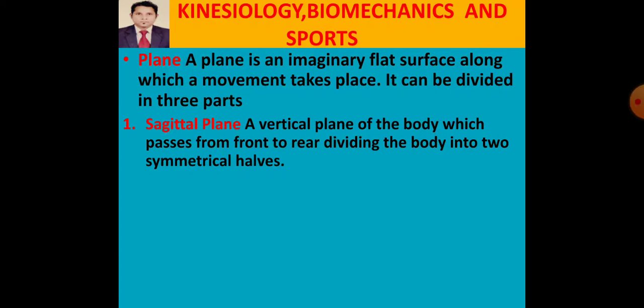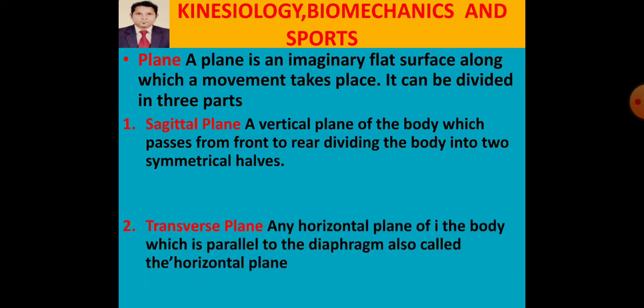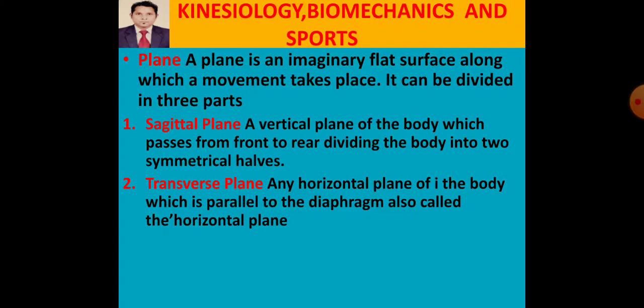It can be divided into three parts. Sagittal plane: a vertical plane of the body which passes from front to rear, dividing the body into two symmetrical halves.